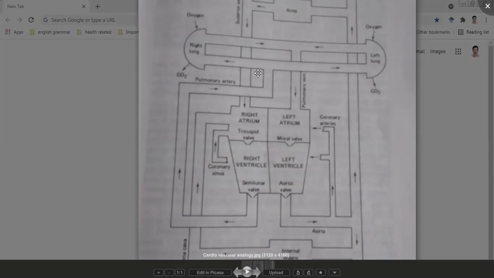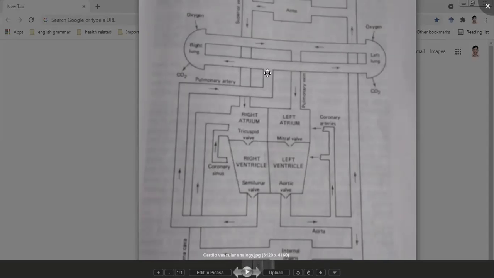The pulmonary artery is divided into small arteries, and those are again divided into very small tubes called arterioles.